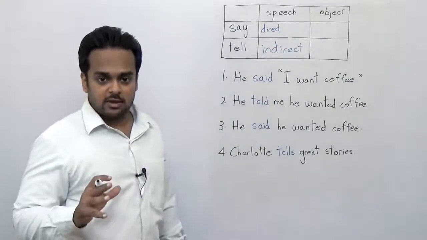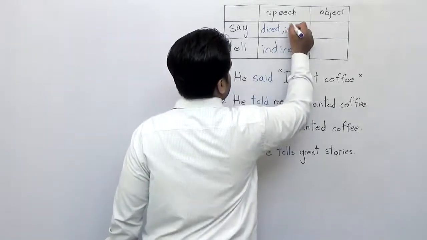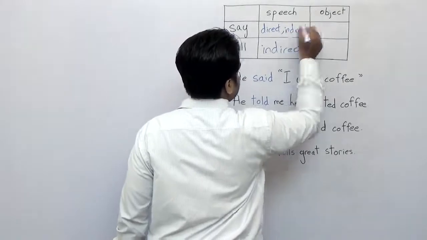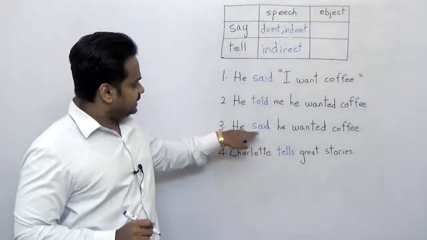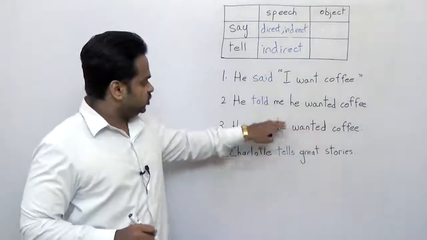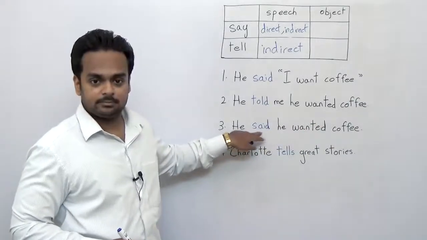However, with say, you can also use indirect speech. Okay? Like this example here. He said he wanted coffee. It's just like this sentence, okay, except we're using say.